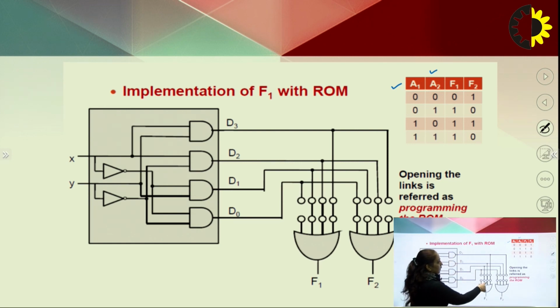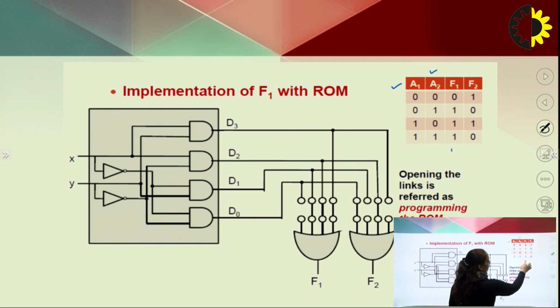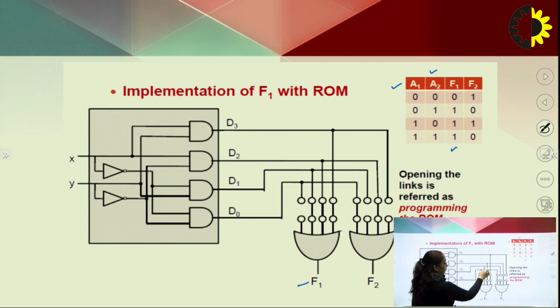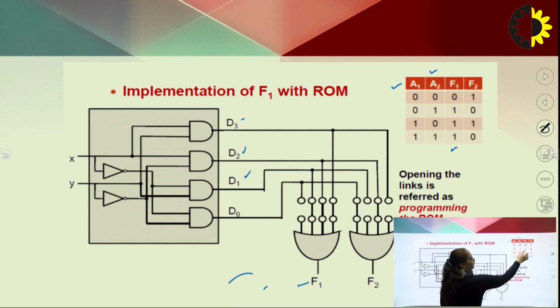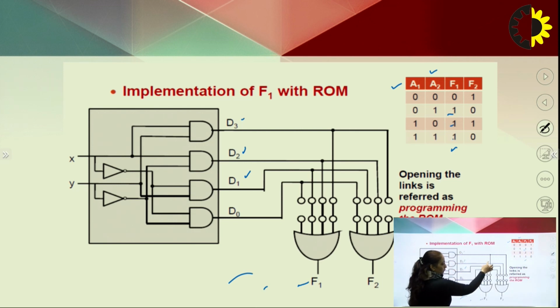So in case of F1, we can see that D1, D2, and D3, these 3 lines are connected, and this one is open, right?